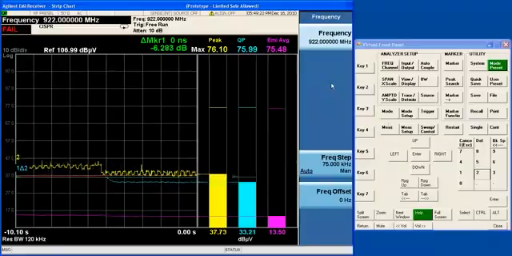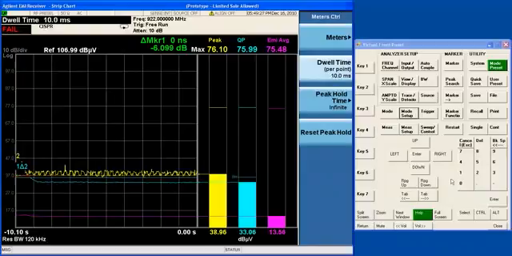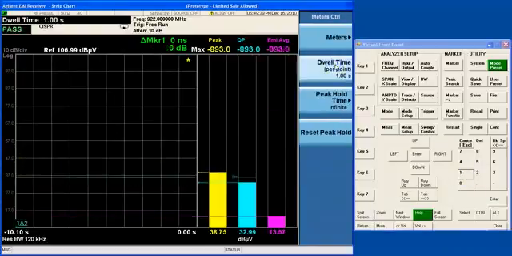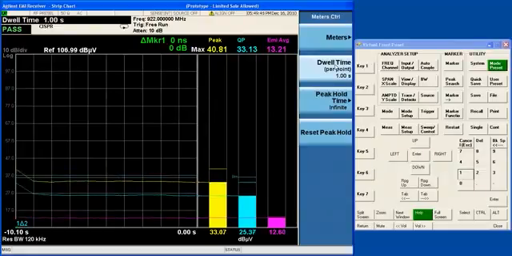If I wanted to set the dwell time to 1 second, then yes, each point on the display would represent a dwell time of 1 second. And I could say, okay, each of these points I'm measuring with my quasi-peak detector, I'm dwelling for long enough to satisfy the CISPR spec.